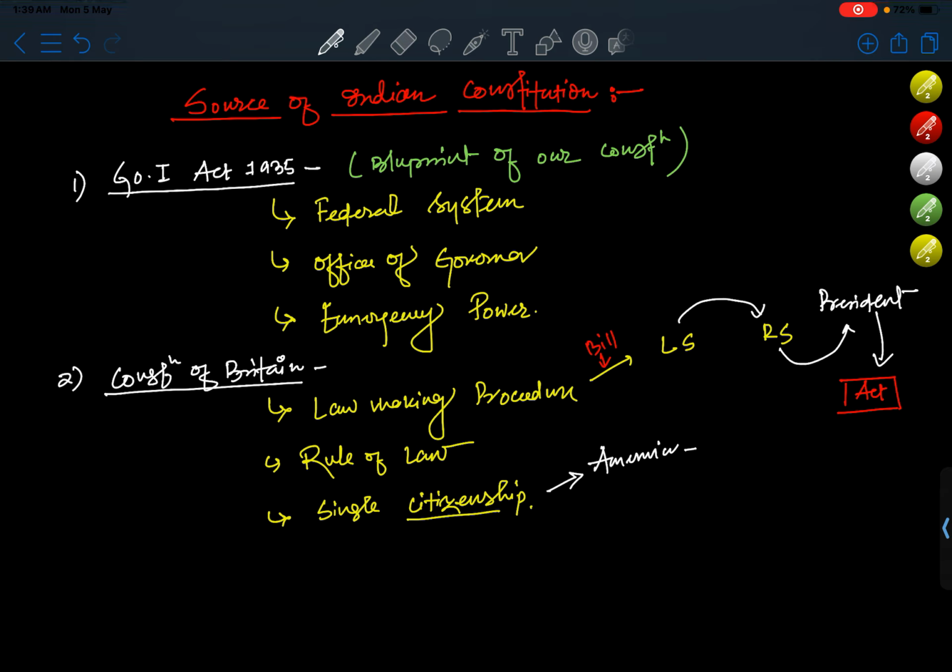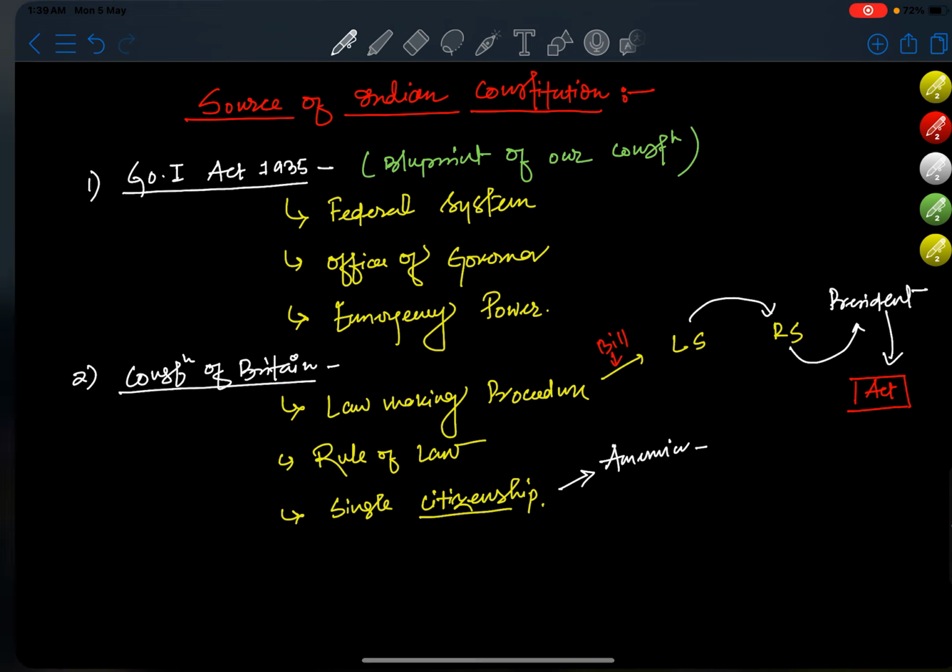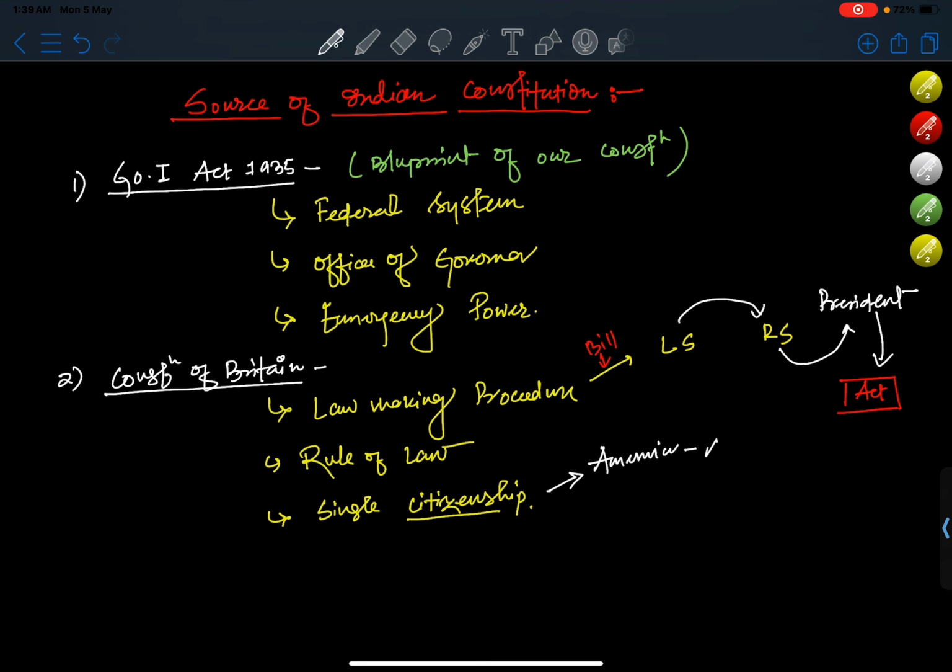If you are staying in Pennsylvania, then your state will provide you a citizenship, and that state is under USA, United States of America. So USA will also provide you a citizenship. So there it is a dual citizenship. But in India, it is single citizenship. This single citizenship has been taken from the Constitution of Britain.